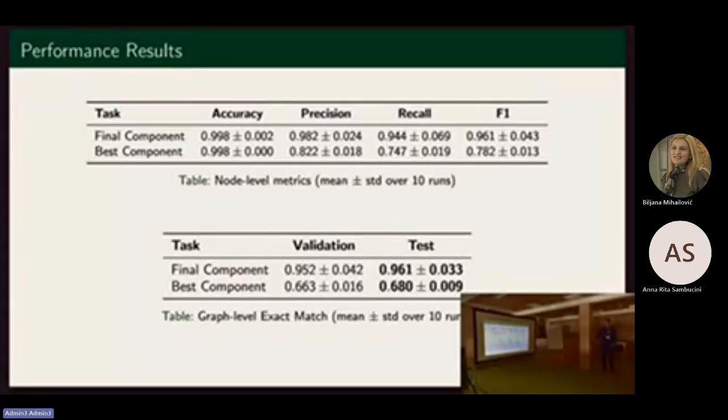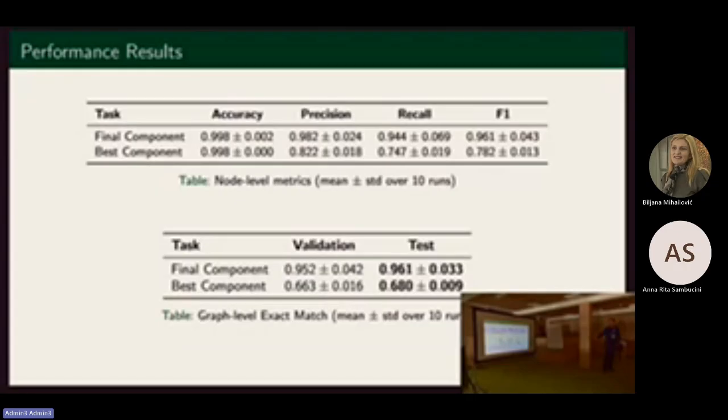Even for the graph level metrics, we get almost perfect results. The second task is a different story. We get pretty good accuracy, but when we look at other metrics, it starts to get not that pretty. What's important for us is the graph level metrics, where you can see that we get around 66% correctly labeled graphs.